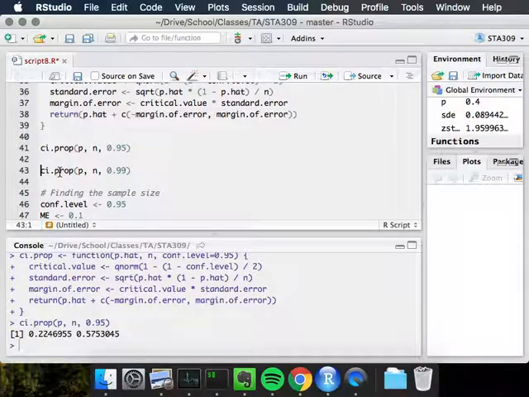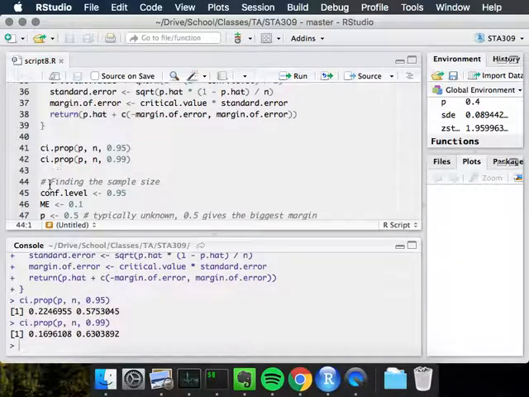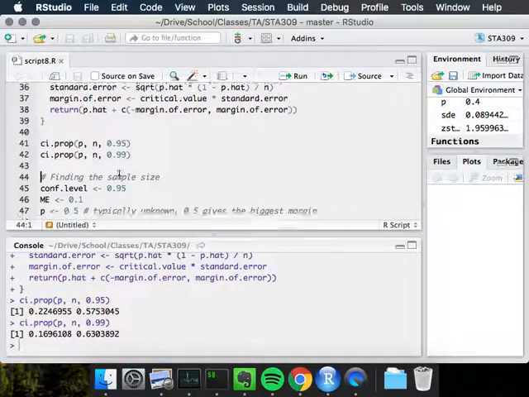Intuitively, if we want to be really sure that our interval actually has the value, you can just make it bigger. In the limiting case, if I want to be 100% sure, I'll just make the interval as big as the whole real line, from minus infinity to plus infinity. So if you want to be 99% sure, you have a bigger margin.